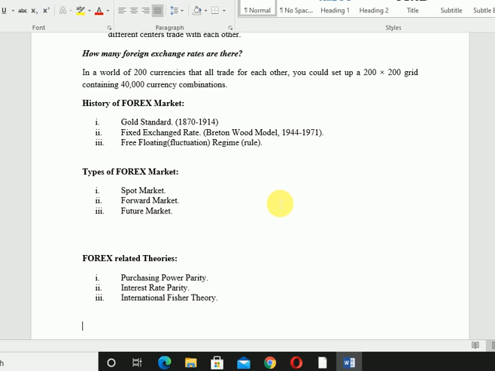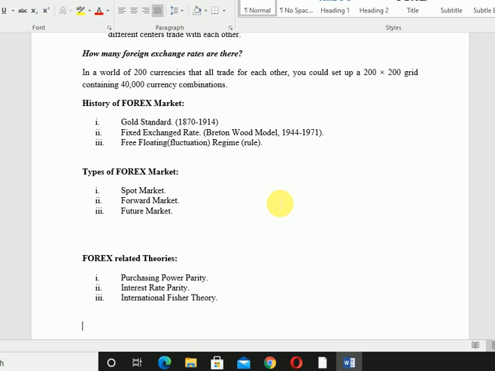Interest rate parity says that let's suppose 10% is here and 7% is there, so in the United States, on the basis of the currency exchange, it will be 0.11%. So in both countries the interest rate will be equal.